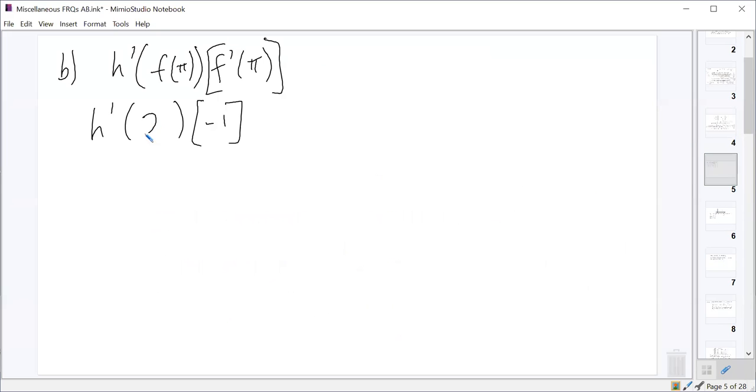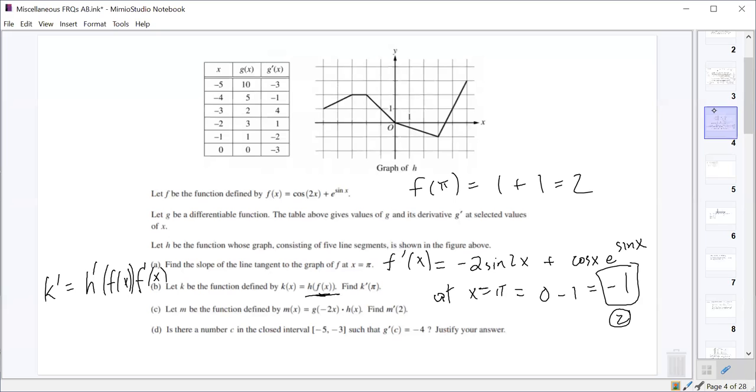So now we're looking at h prime of 2 times -1. So we got to go back here again and figure out what is h prime of 2. Well, h prime of 2 is the slope of h when x is 2. Well, that's just this linear piece right here. What is the slope of that linear piece?